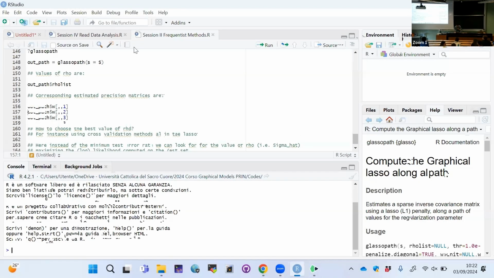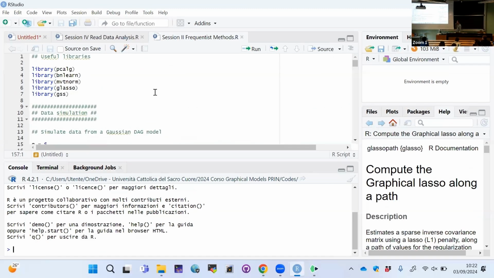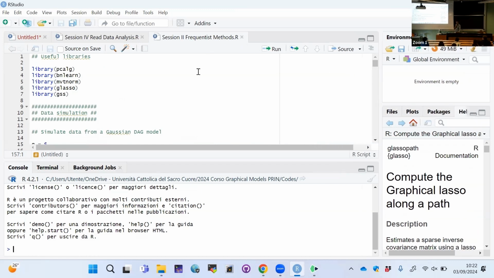Okay, so in the last part of this lecture, I just want to show you something which will be useful even for the next parts of the lecture. In particular, I would like to show you how to simulate some multivariate data from a Gaussian graphical model.